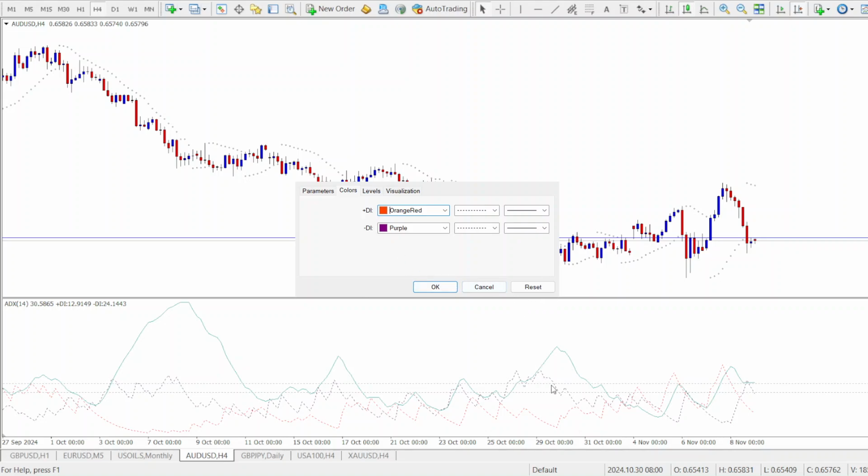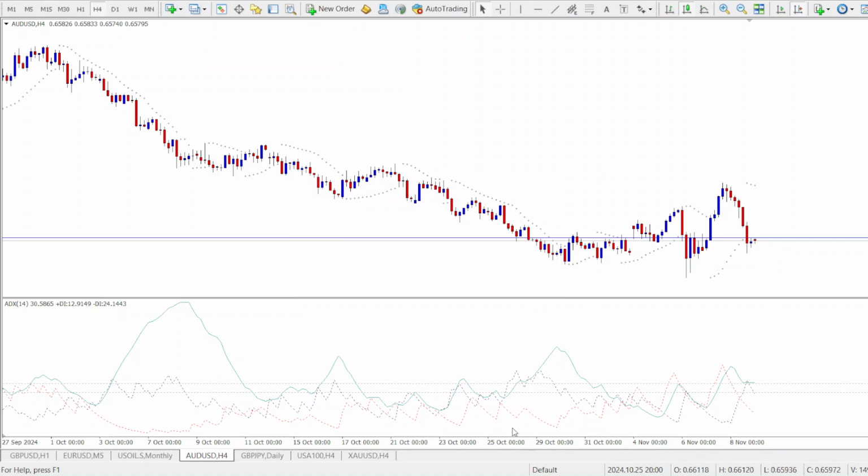So the ADX is a combination of all these. When the plus DI is above the minus DI, it suggests a bullish trend, and when the minus DI is above the plus DI, it's a bearish trend. Traders use this information to assess not only whether a trend is present, but also the trend's potential strength.